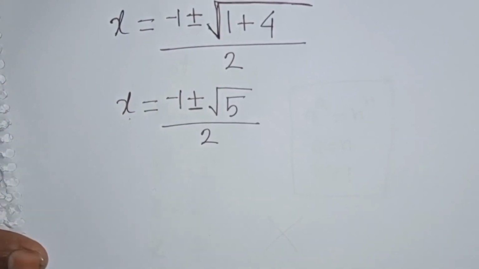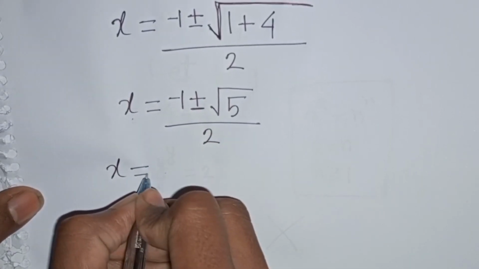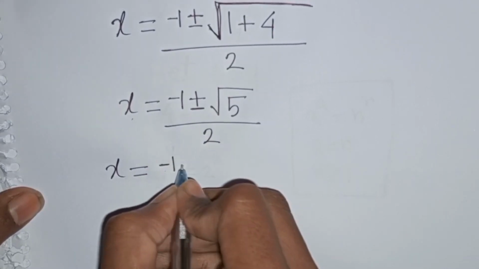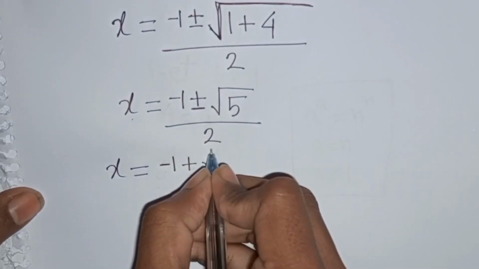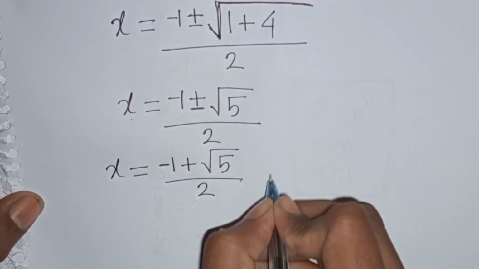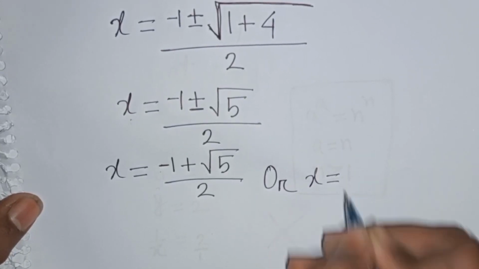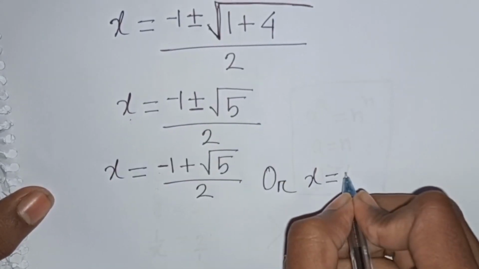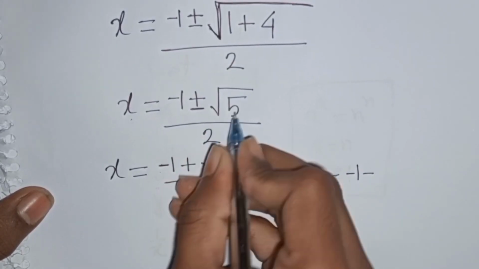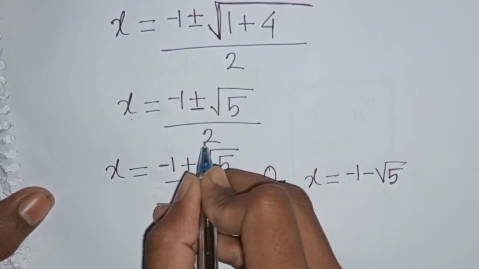Now we see two cases: x is equal to minus 1 plus square root of 5 divided by 2, or x is equal to minus 1 minus square root of 5 divided by 2.